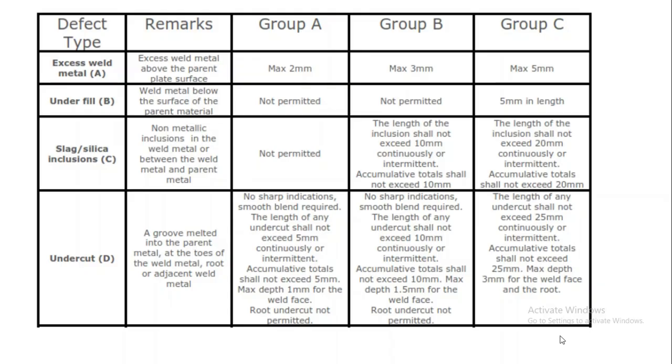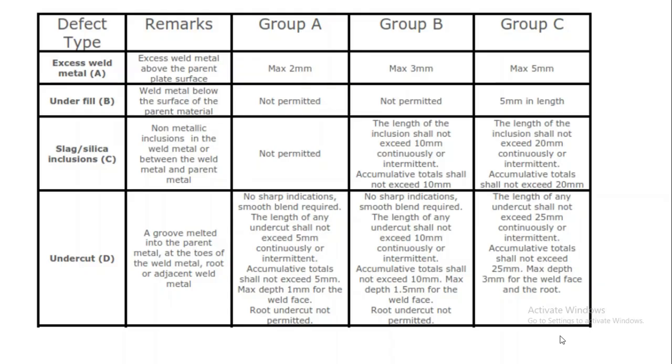Okay. Undercut, denoted with the letter D. If you notice any parent metal near the groove is melted, or the toe of the weld metal is melted, or any adjacent weld is melted, then it's considered an undercut.